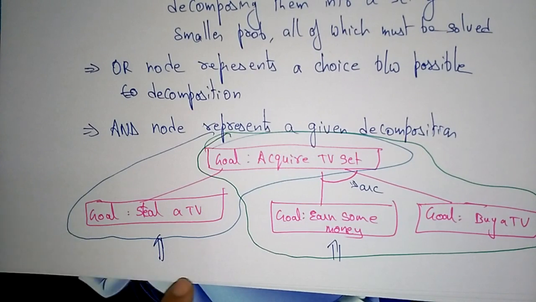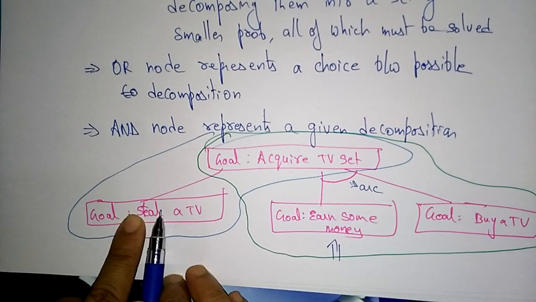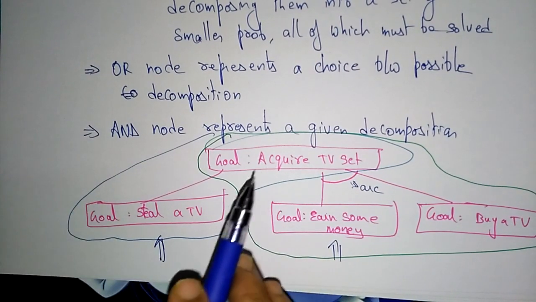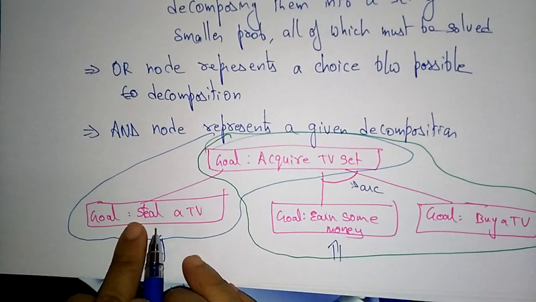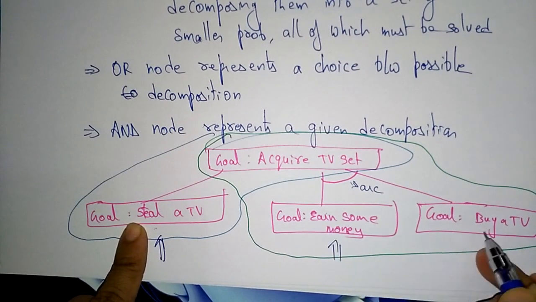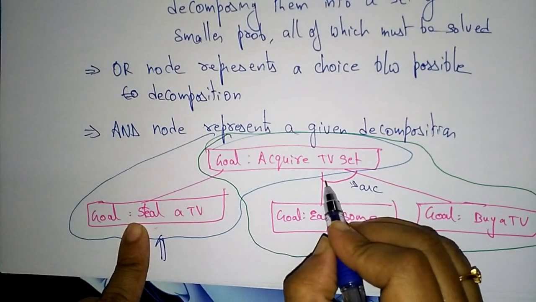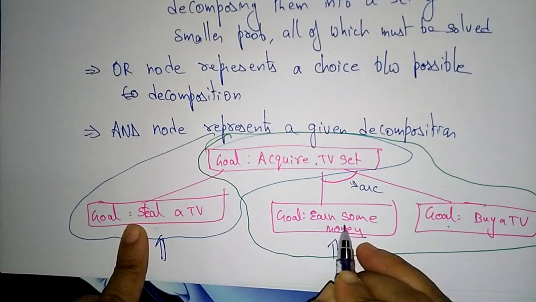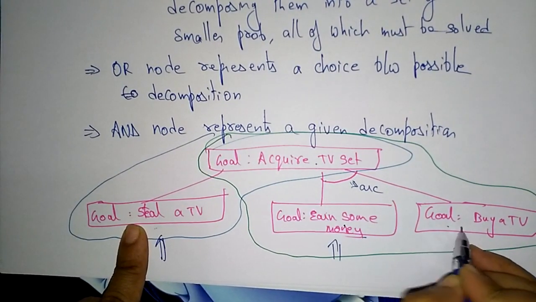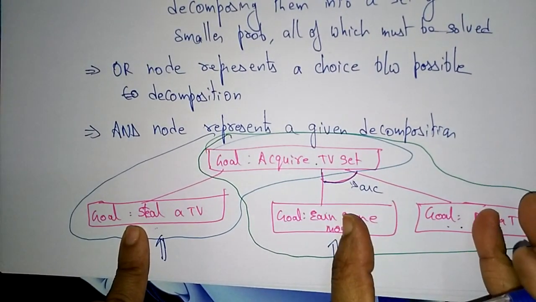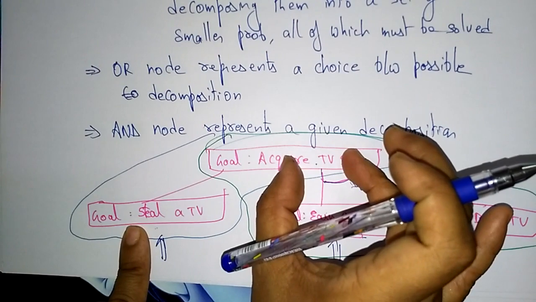So either you take this or this. To acquire a TV, either you have to steal a TV or you have to do these two things, earn some money and buy a TV. So AND means both have to be done. To acquire a TV, first you have to earn some money and then buy a TV. That's why this is an AND operation. Only when these two are done can you satisfy this.